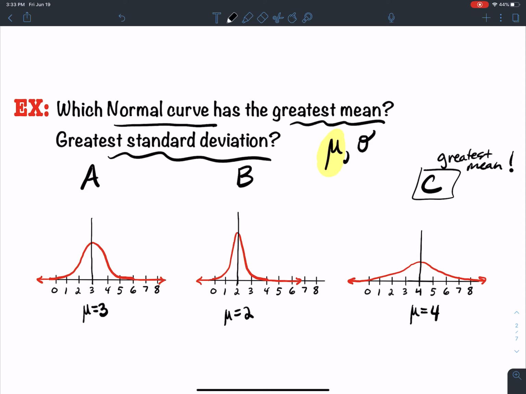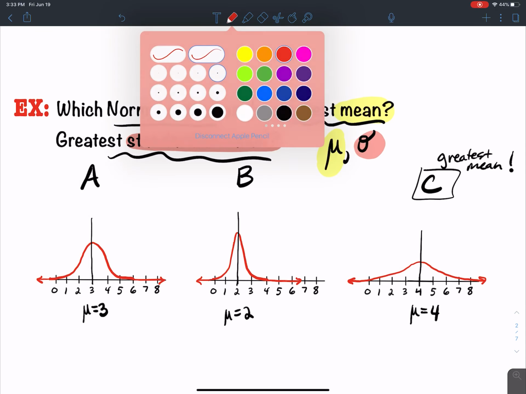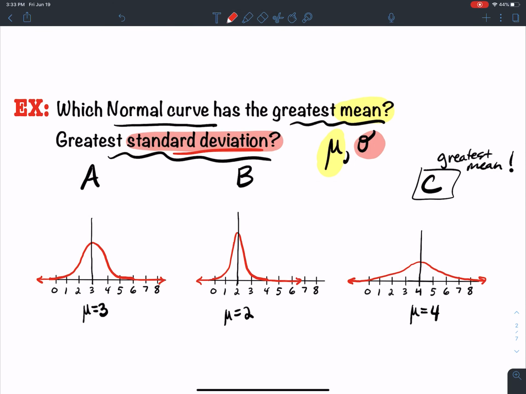Okay. Now what about the greatest standard deviation? So standard deviation, that's how spread out we are. So the more we're spread out, the larger the standard deviation is. Well, how do I tell how spread out we are? I'll look at the peaks. I'll look at how tall the distribution is. Okay?